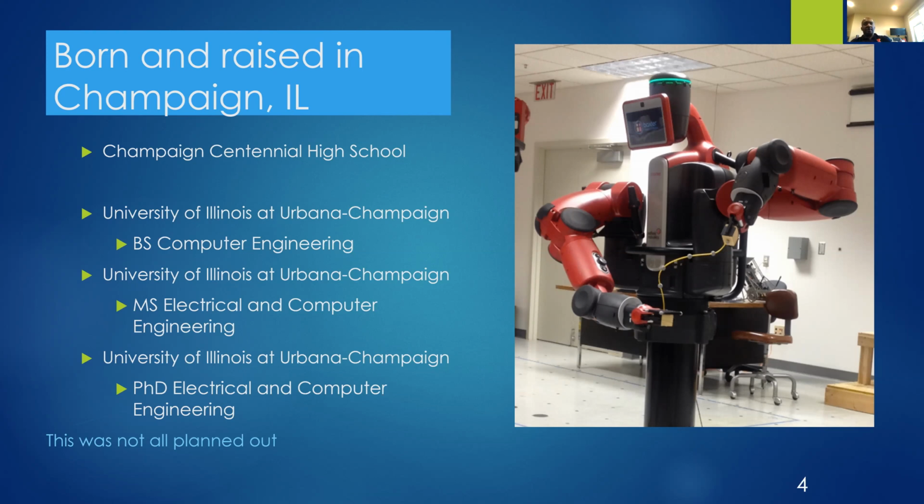It gets to the point where you get to senior year and you're like, okay, where do I go? I applied to different places. I wanted to stay at the University of Illinois because of the familiarity with the campus. I was already working on campus, knew my way around, and knew a little bit about the courses, so I decided to do my bachelor's there.